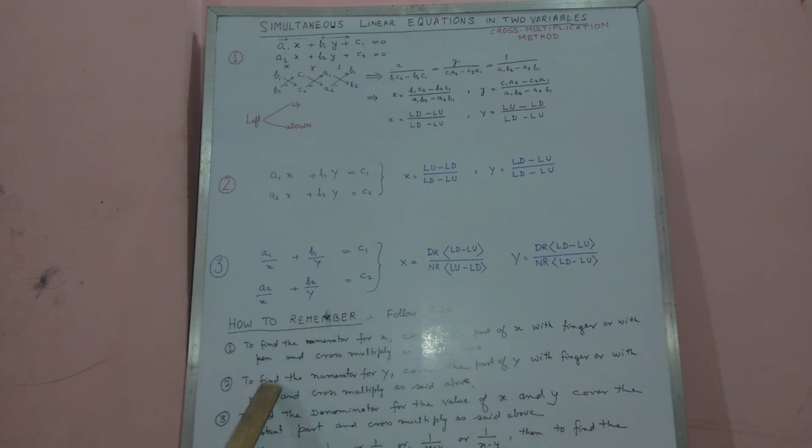Second, to find the numerator for y, cover the part of y with your finger or with a pen and cross multiply as said above. Third, to find the denominator for the value of x and y, cover the constant part and cross multiply as said above.